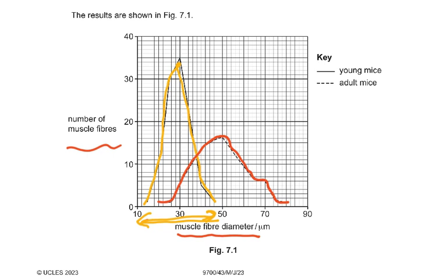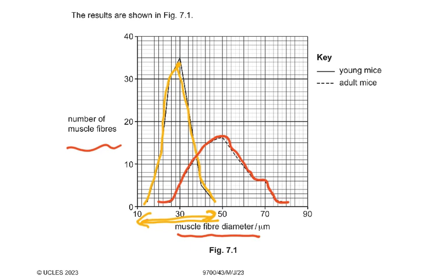Then you could give me comparative data quotes. What is a data quote? Young mice 35 at 30 and 16 to 44 is the spread of diameters, while the adult mice is 16 at 50. Young mice, number of muscle fibers at mean diameter in micrometers. So you look at 50 here and see what is happening.